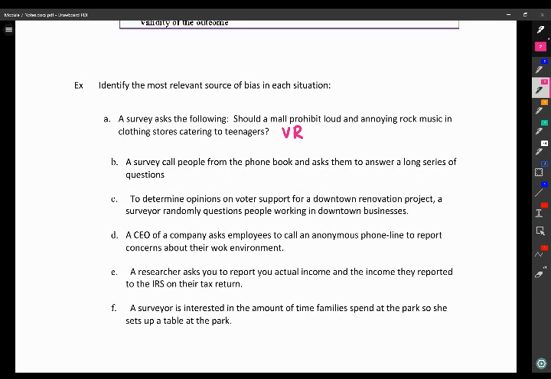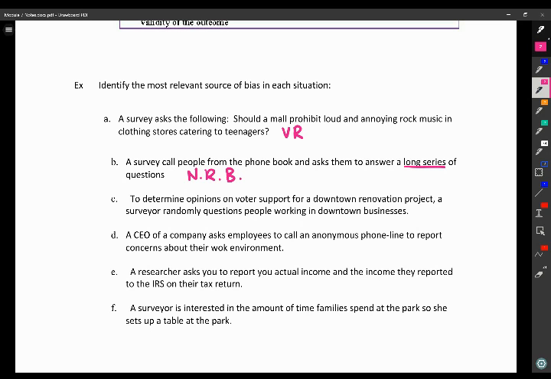And so it's based off of who's willing to respond to you. B, it says a survey calls people from the phone book and asks them to answer a long series of questions. That's like a non-response bias, because if it was me, I wouldn't want to answer a long series of questions. And most of the time, if I can't tell who it's from, I just don't even answer my phone.